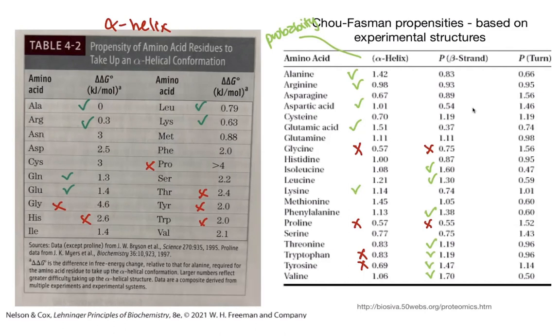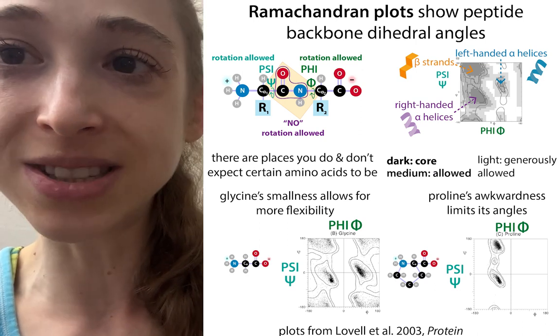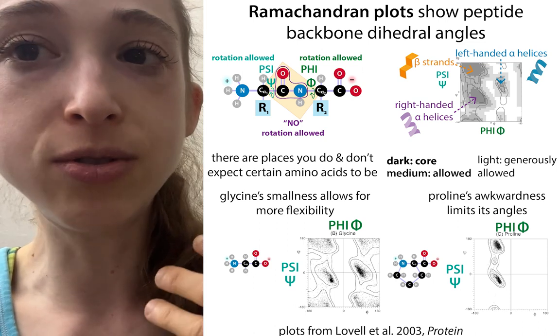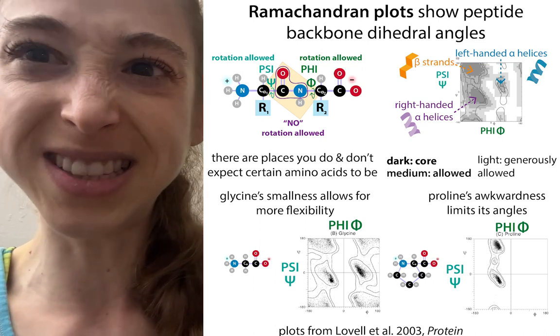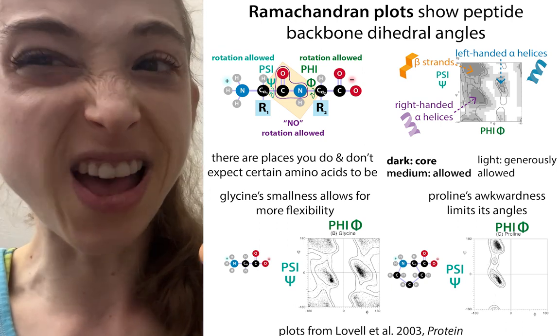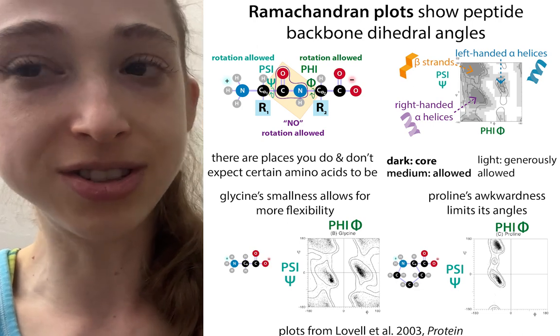We can further ask what amino acids we are more likely to find in what kind of structure than another. But for all of this, we don't really need to know exact angles. By seeing things on a Ramachandran plot, we get a real sense that these things we're talking about at the atomic level are actually playing out if we look at actual structures.